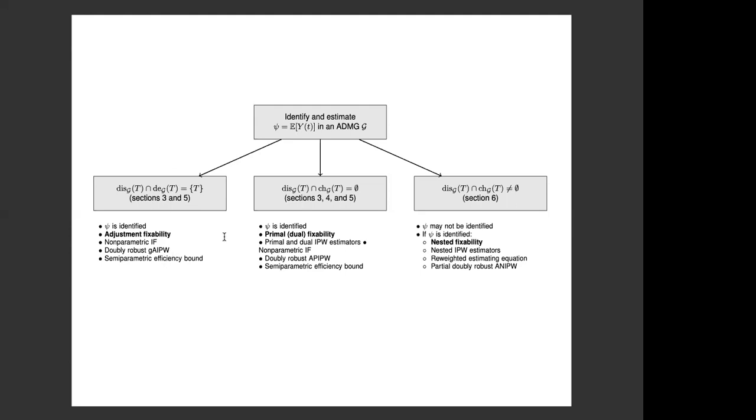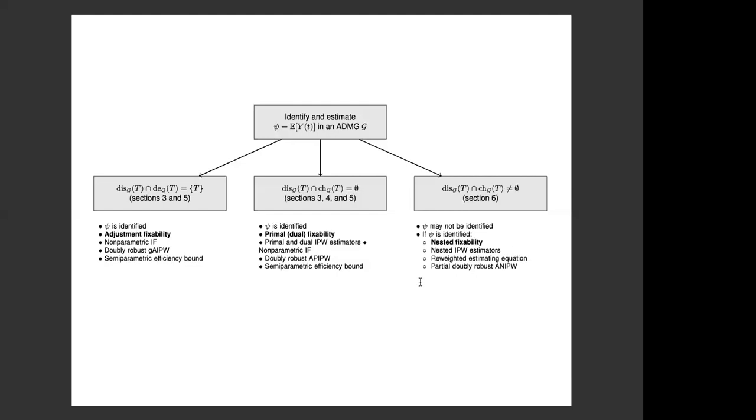On the left branch and the middle branch, the effect is always going to be identified, and we call these graphical criteria adjustment fixability and primal fixability. On the right branch, the effect sometimes is not identified. And if the effect is non-parametrically identified, we term the graphical criteria nested fixability.